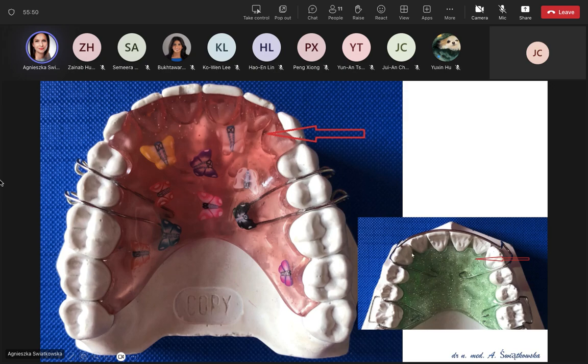Normal appliance, you see the acrylic, it should be here. And for an appliance with an additional bite plane, like here, the acrylic part covers the palatal surfaces of all incisors and canines.